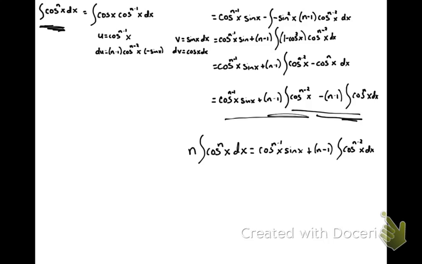And if I divide both sides by n, then what I want to know, this integral, cosine of n to the x dx equals everything divided by n, or specifically cosine of x to the n minus 1 times sine of x, all divided by n, plus n minus 1 divided by n times the integral of cosine n minus 2 to the x dx.